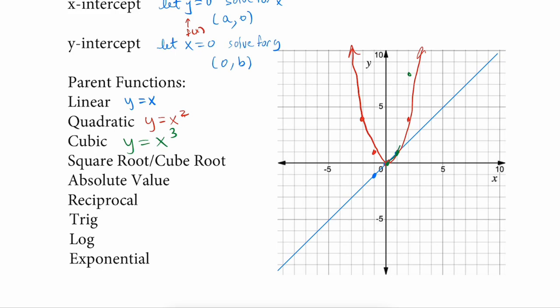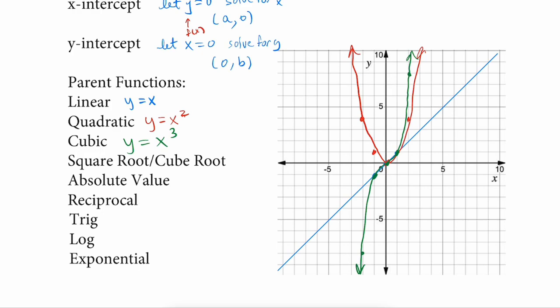And then any points that repeat themselves in the first quadrant, the negative version appears in the third. So (-1, -1), (-2, -8). So it looks something like that. So that is your cubic function.